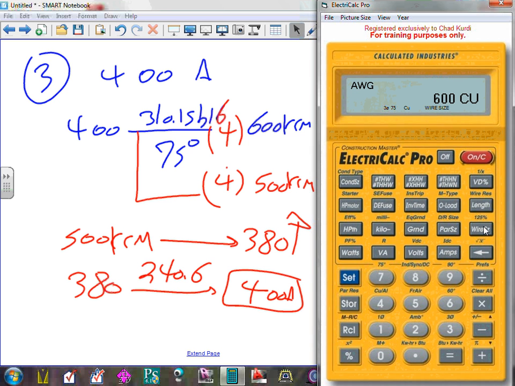Wasn't everything bundled that we looked at? They were always 4 wires. 4 wires, the neutral does not count if it's carrying the neutral. If the neutral is carrying the unbalanced current between the 3 phases, count as big fat 0. Okay, and that's the case, guys, when you come to feeders, not branch circuits.